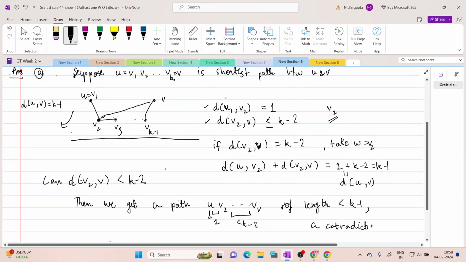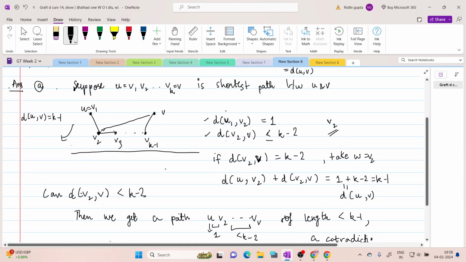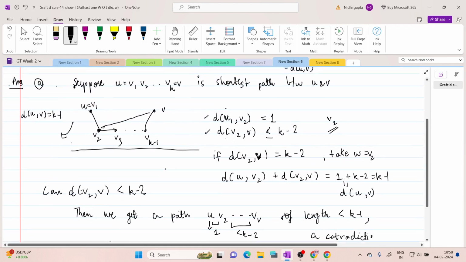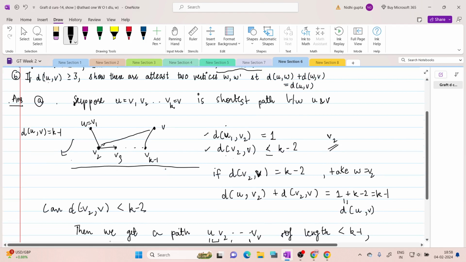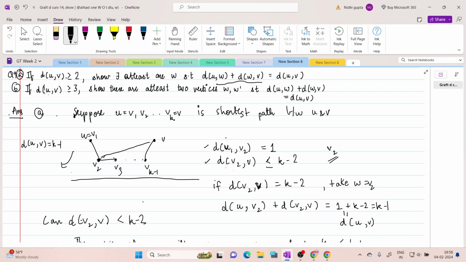It could be that there is no such path from v2 to v, and there exists a path from v3 to v. Then I'd have to move from v1 to v2, then to v3, and then jump from v3 to v using k minus 3 vertices. In that case, I would have more than one w.